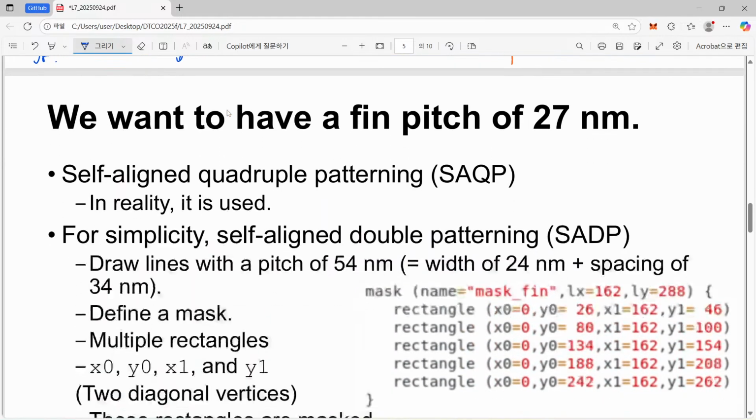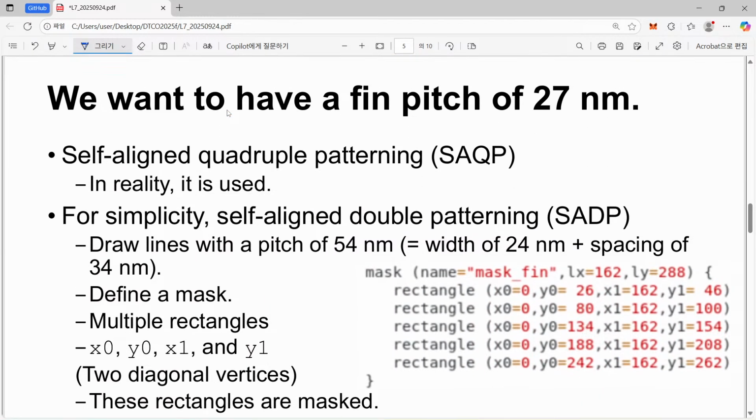So our main concern today is how we can achieve this short pitch of 27 nanometer. Maybe you can ask me this question. Well, in reality, in 7 nanometer technology, the realized fin pitch was not 27. It was about 30 nanometer or slightly even larger.